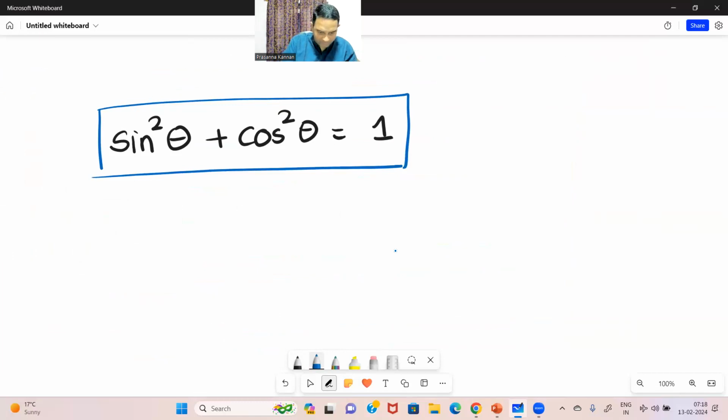We have already done that. So if I keep sin square theta on one side, how can I write it? Take cos square theta to this side. What do you get? Sin square theta is 1 minus cos square theta.